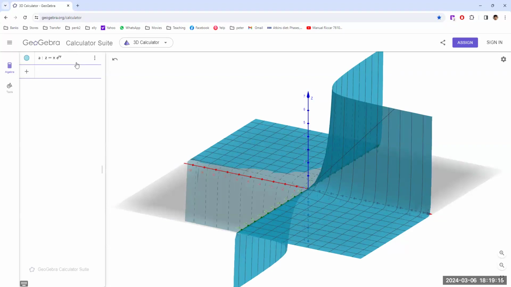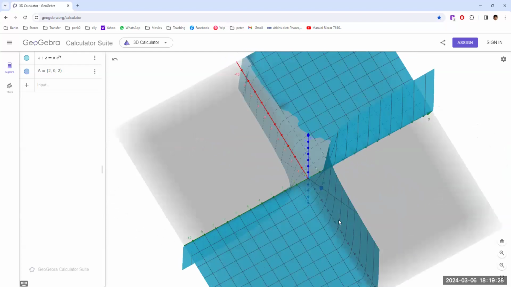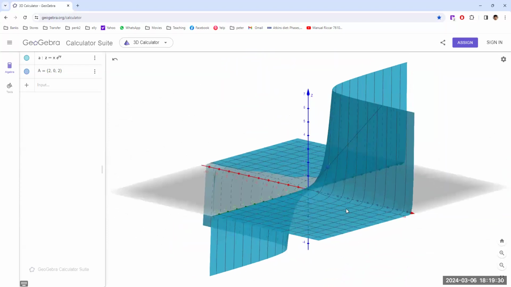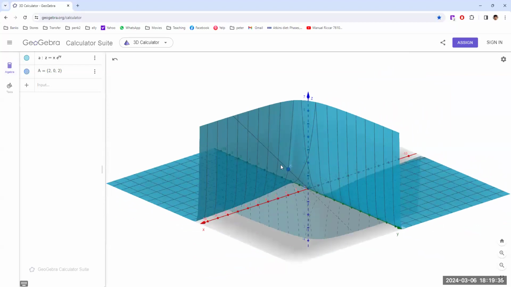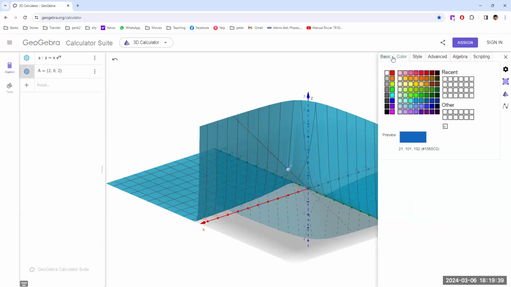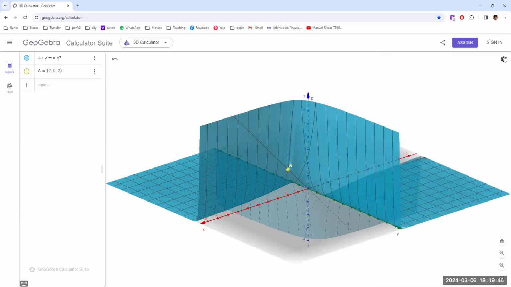And then we want coordinate (2, 0, 2). So you see this point here? I don't like the color, let me change it to something darker maybe, or brighter. This one. Okay, so we have that coordinate.